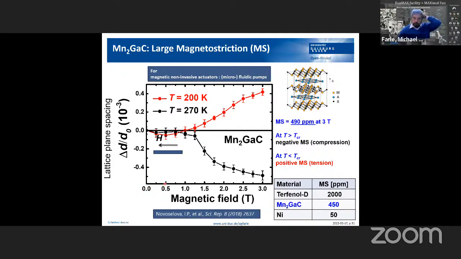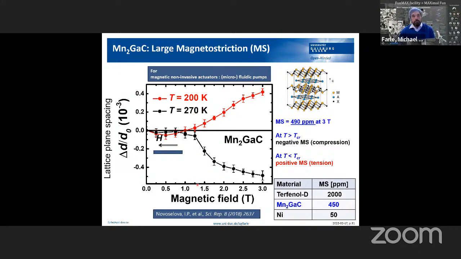So in a field of 0.5 Tesla, we have a magnetostriction which corresponds to roughly 10 to the minus 4, maybe a little bit less, 10 to the minus 5. This is already a large magnetostrictive value when you compare to iron, nickel, or any other conventional ferromagnet. And you see the magnetostriction in the applied field is negative, so the material compresses.